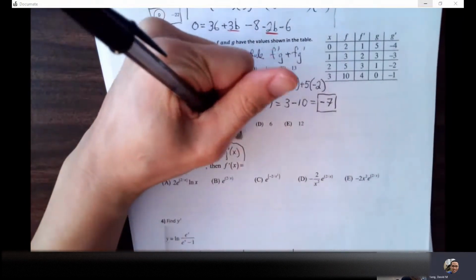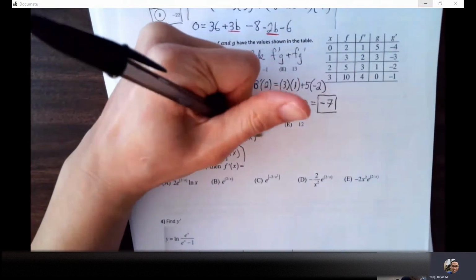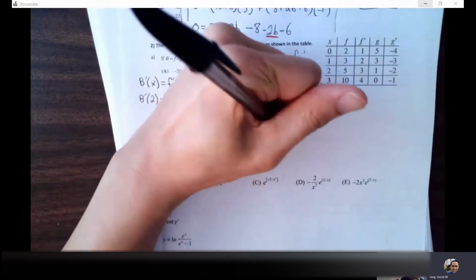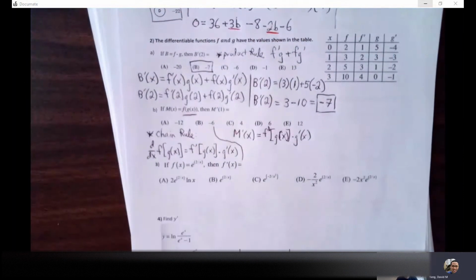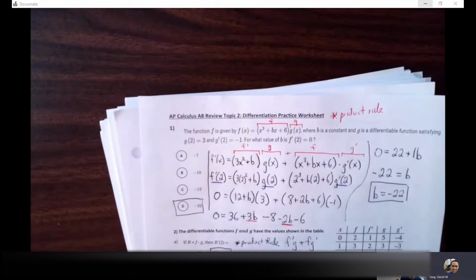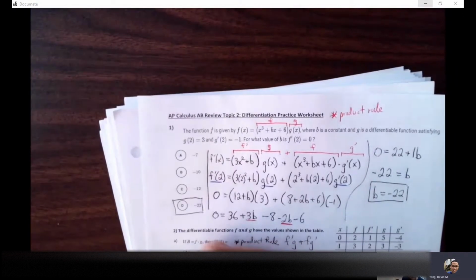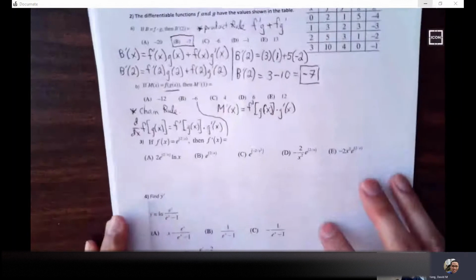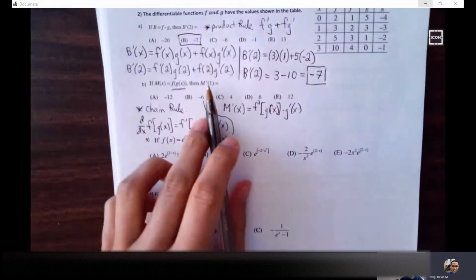So we can say m prime of x is equal to f prime of g of x times g prime of x. Replace every x we see with 1.